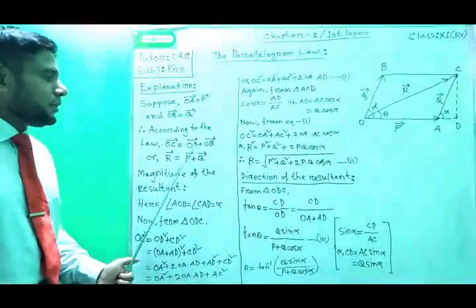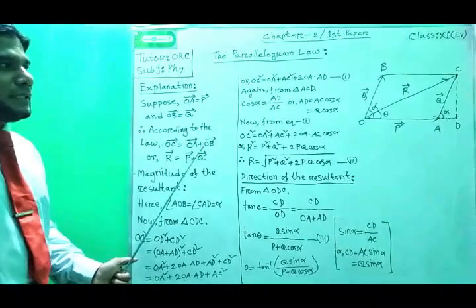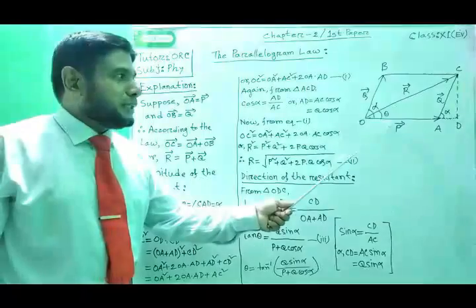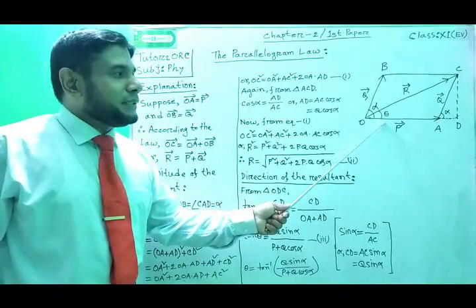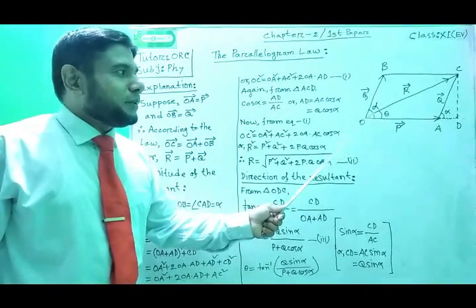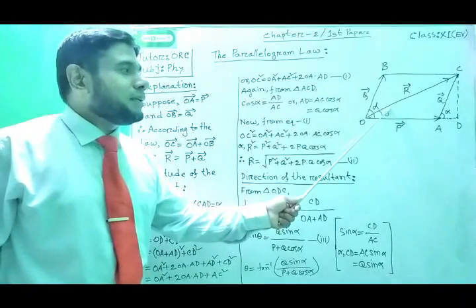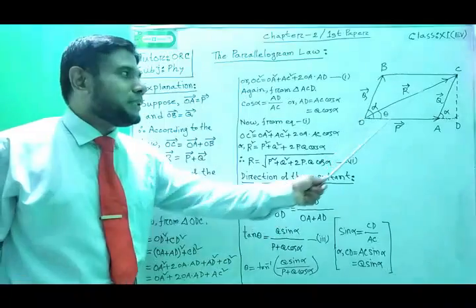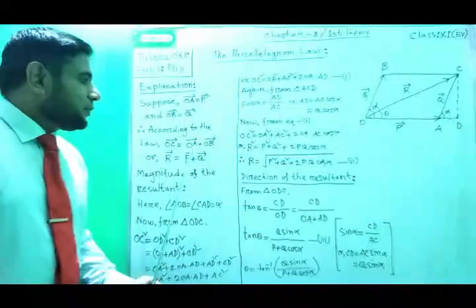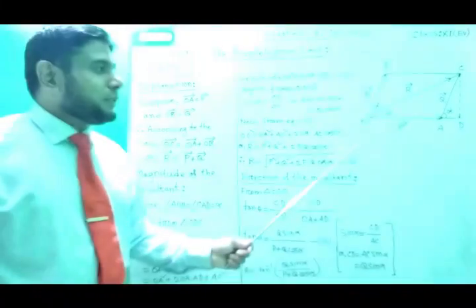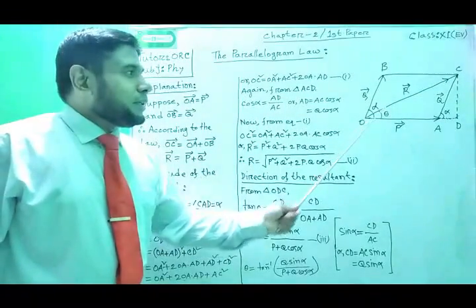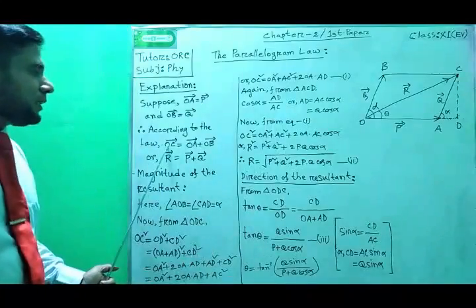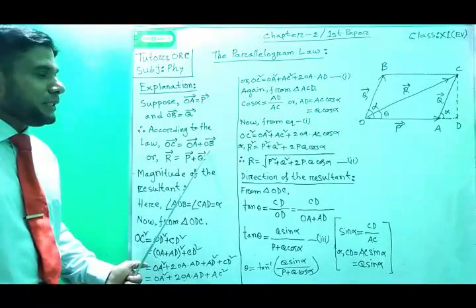Why? According to the information, along two adjacent sides of a parallelogram act two vectors, then the diagonal will indicate the addition of those two vectors. So we have the diagonal OC equal to the addition. This is why we write OC equals OA plus OB.